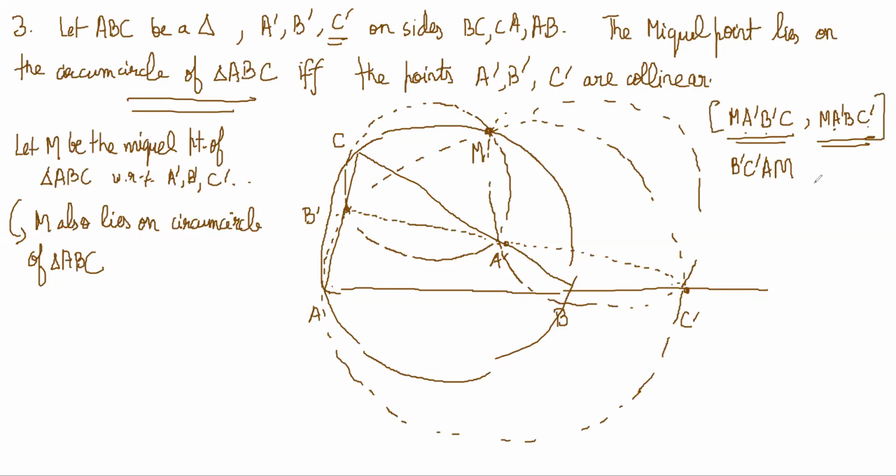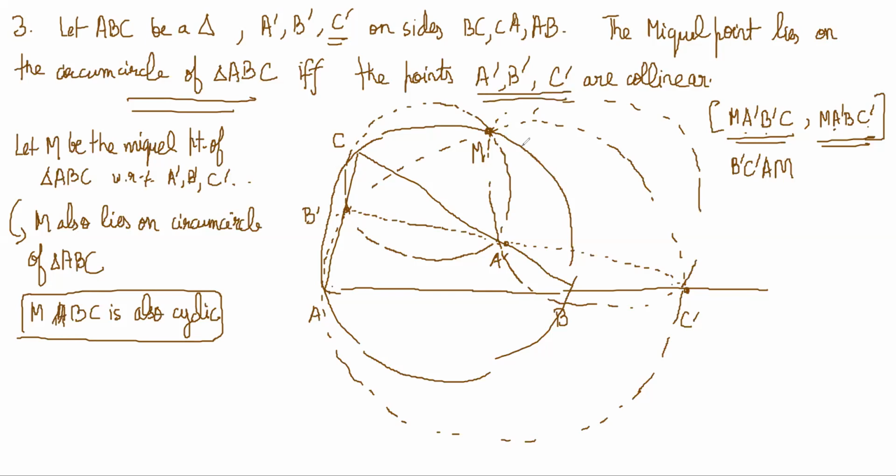Now, from there, you want to figure out some properties which will help you prove that M, A, B, C is also cyclic. If you can prove that, that means M lies on the circumcircle with points A, B, C, right? So to prove M, A, B, C is cyclic, what you have to prove is A dash, B dash, C dash are collinear.